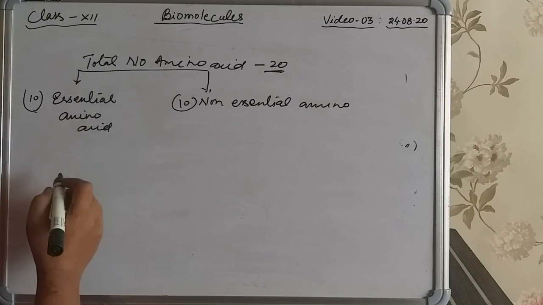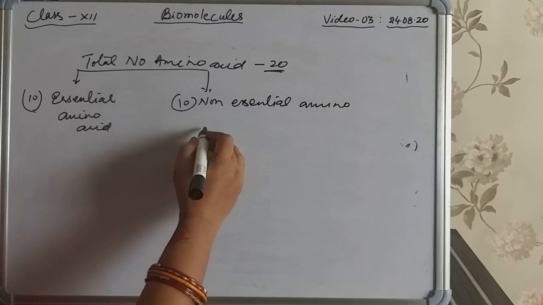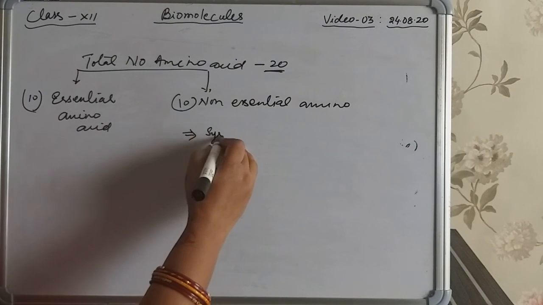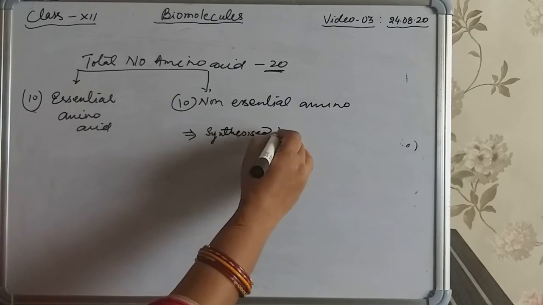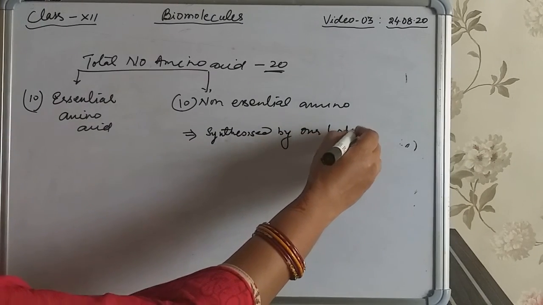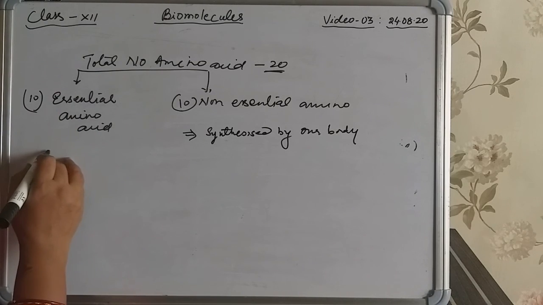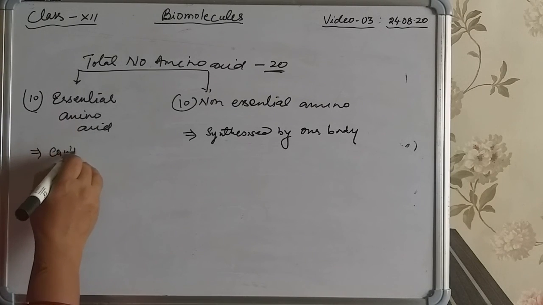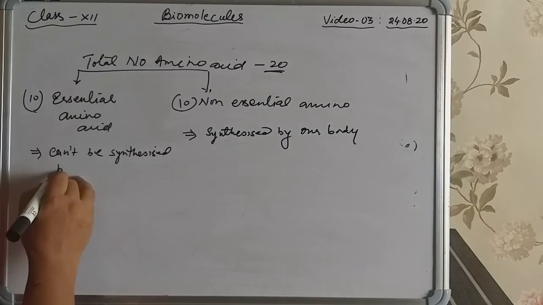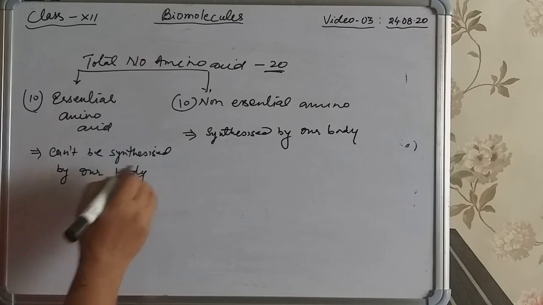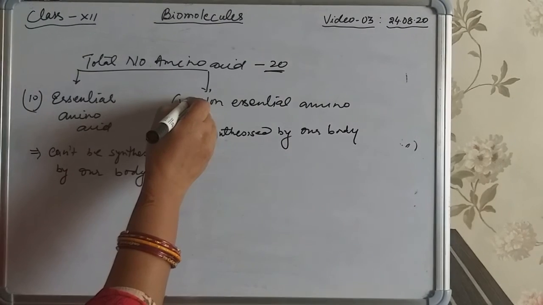Simply, an amino acid which is synthesized by our body is called non-essential, and one which can't be synthesized by our body is essential.